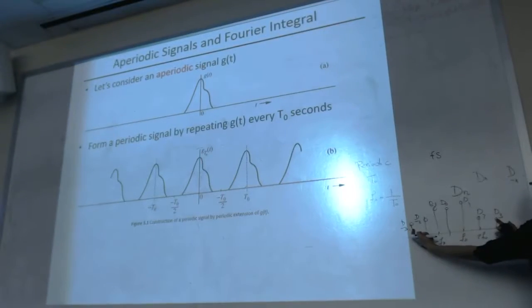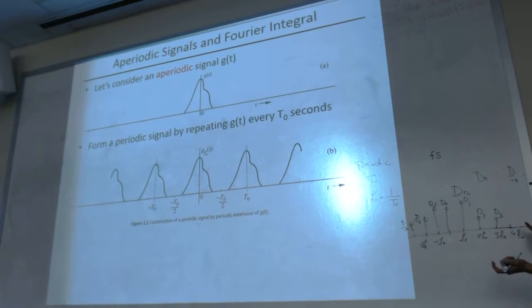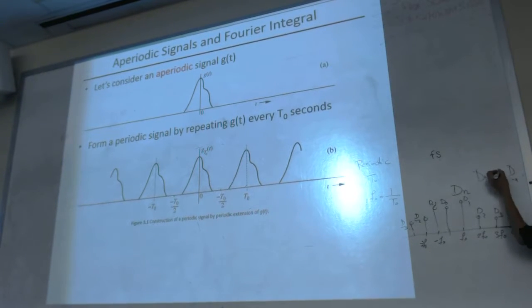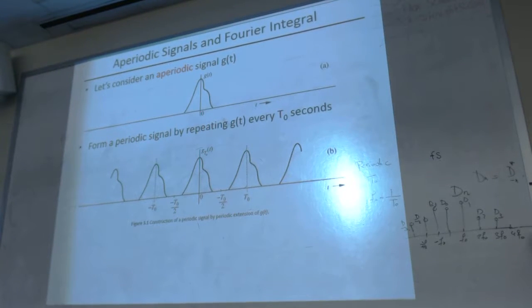For example, D3 and D minus 3. What's the relationship between them? Are they equal? They're conjugate symmetric, meaning that the magnitudes are equal, and the phases are opposite.